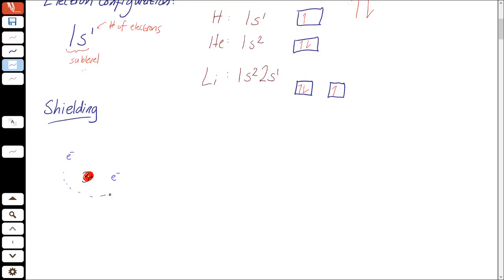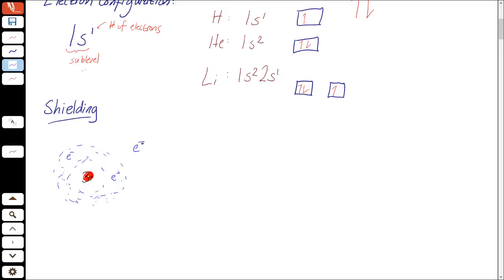Okay, and since we know it's a probabilistic thing, we know that these electrons can be anywhere within this particular sphere, let's say. Right. So then that third electron, the 2s electron, is out further because we know that the 2s probability goes out further than the 1s probability.